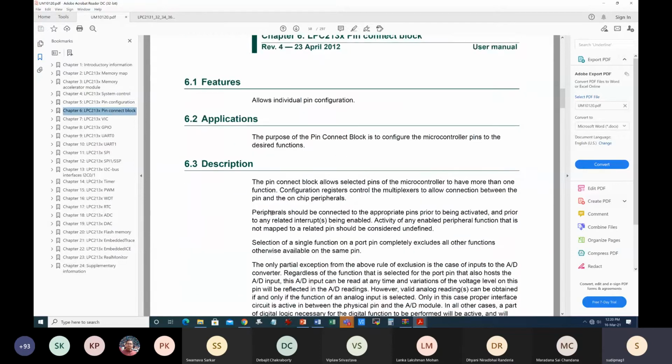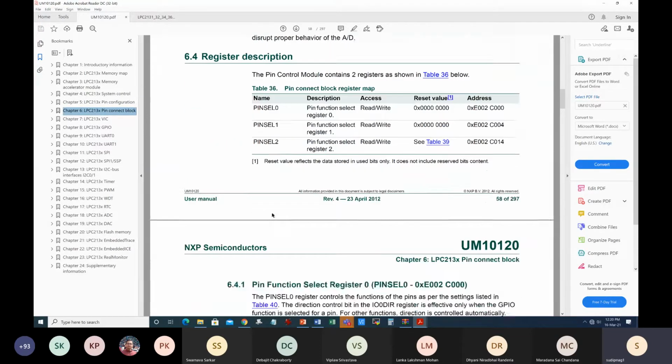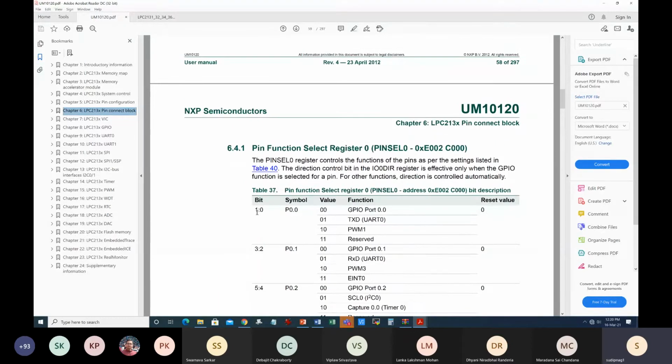To configure the purpose of port 0.0, we have to configure these 2 bits, bit 0 and bit 1 of PINSEL0. The 2-bit combination could be 00, 01, 10 and 11. Any 2-bit number has 2 to the power 2, that is 4, combinations.